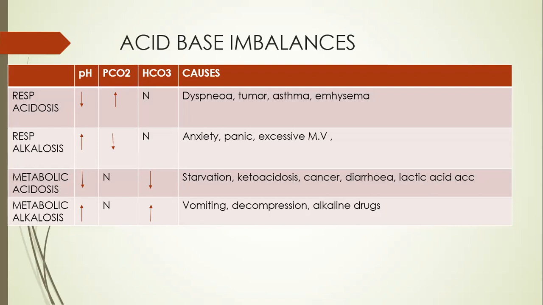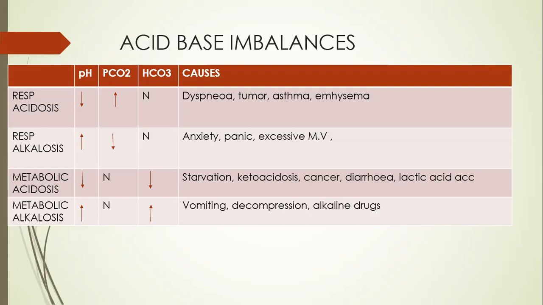Whereas in alkalosis, from your exam point of view, just think about excessive mechanical ventilation. When the patient is on excessive mechanical ventilation, they will have respiratory alkalosis. The same applies to metabolic acidosis also. So starvation, diabetic ketoacidosis, diarrhea, cancers, and lactic acid accumulation.